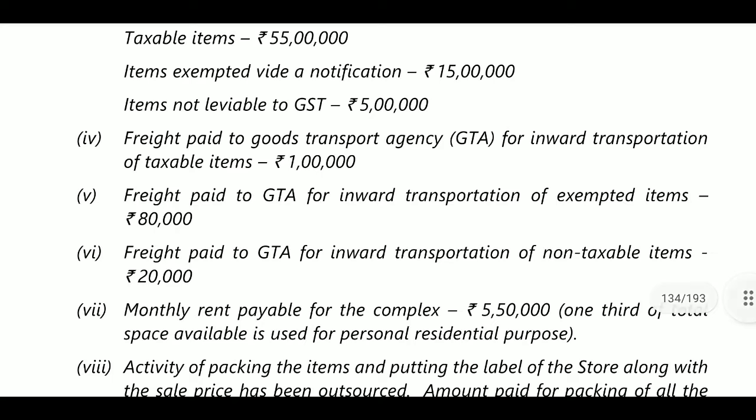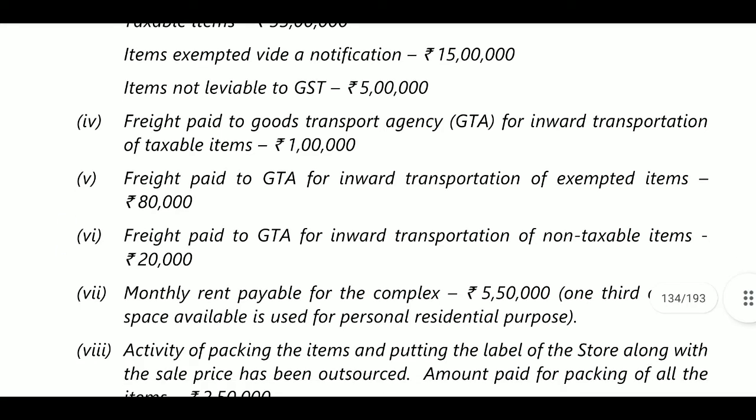Next, fees paid to GTA for inward transportation of exempted items, 80,000 into 5%, that is 4,000. Non-taxable items, 20,000 into 5%, that is 1,000. So 5,000, 4,000, 1,000, total 10,000 will be payable in cash under the reverse charge mechanism.